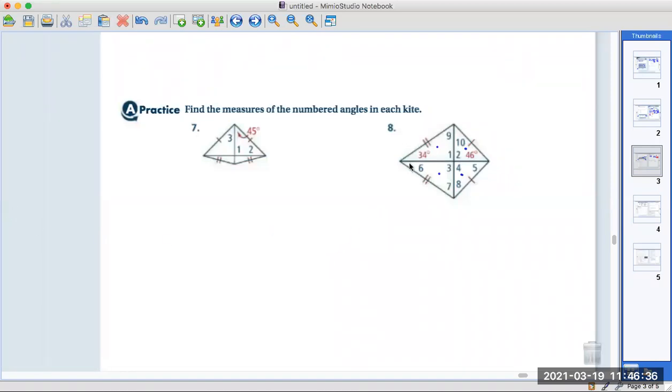So each triangle has to add up to 180, and you always know 2 angles, so you can find the third one. This is 90. I'm going to focus on the top triangle right now, this one. So I need to find this angle. I know this one, and I know that's 90. So it's 34 plus 90 is 124 subtracted from 180.